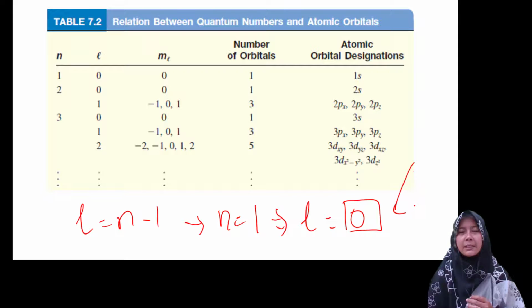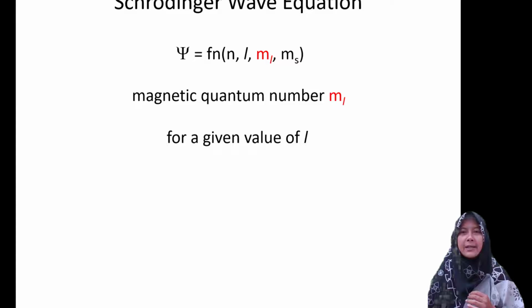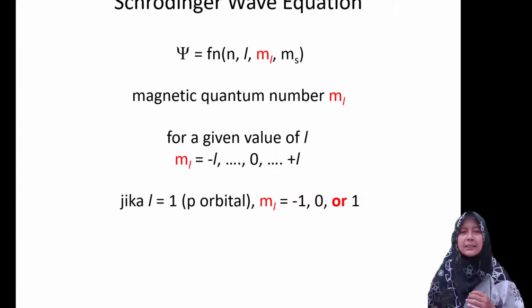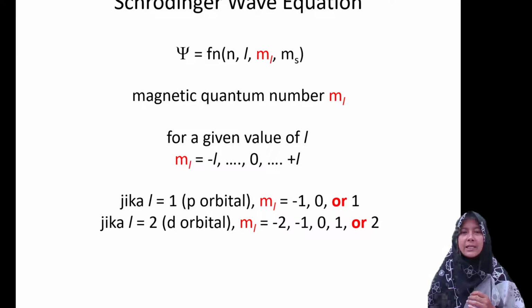The ml, or magnetic quantum number, shows us the number of rooms, given by the interval of the value negative L until positive L. For example, if L is equal to 1, it means it's a p orbital, so the possible ml is minus 1, 0, and plus 1.